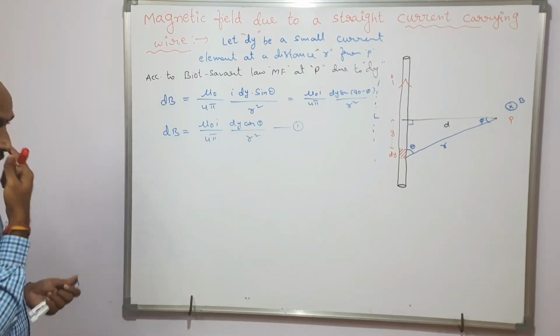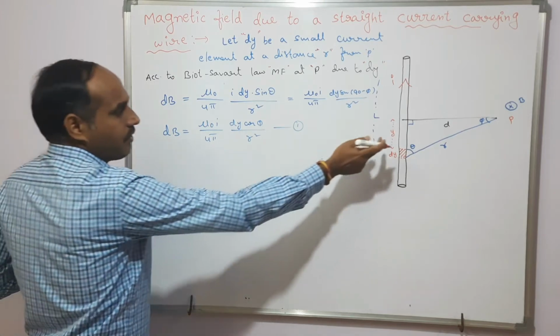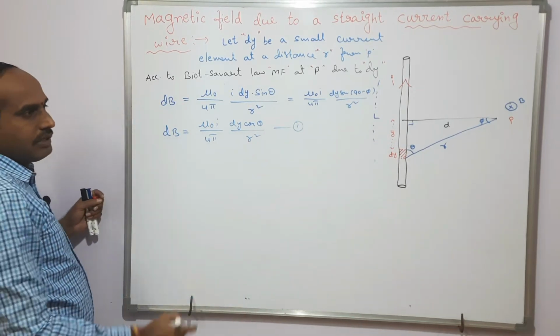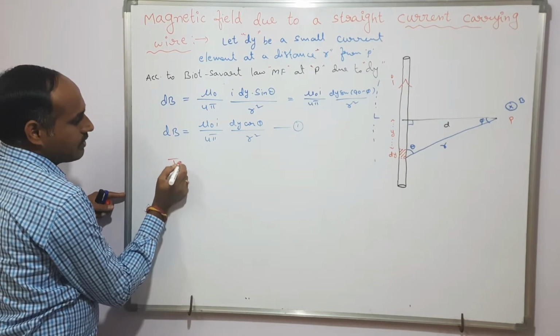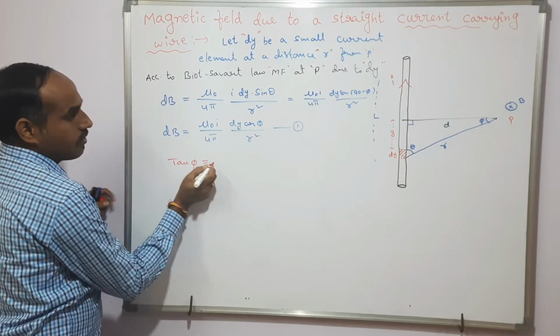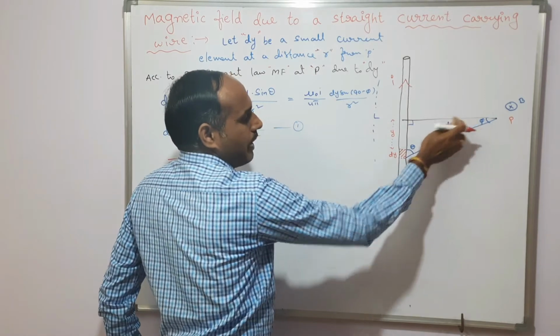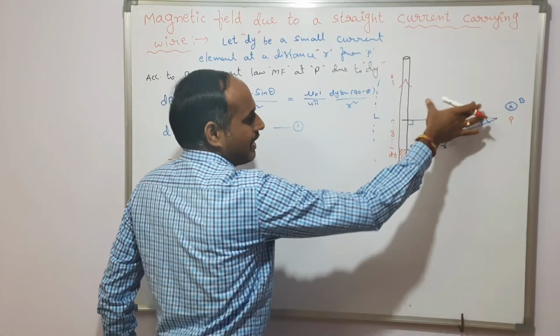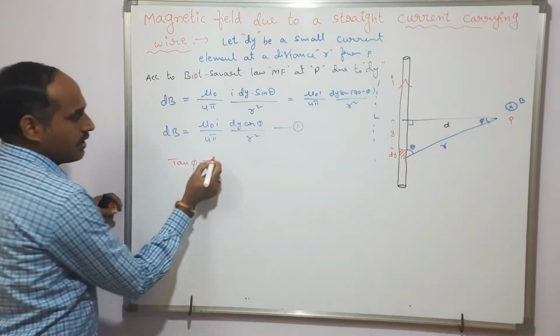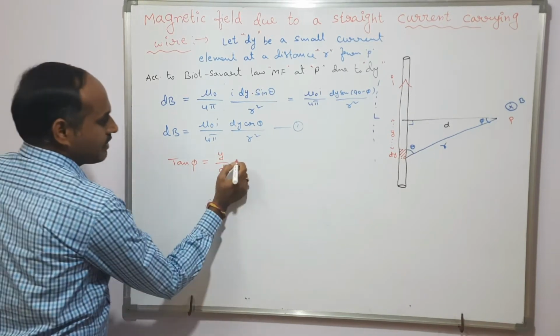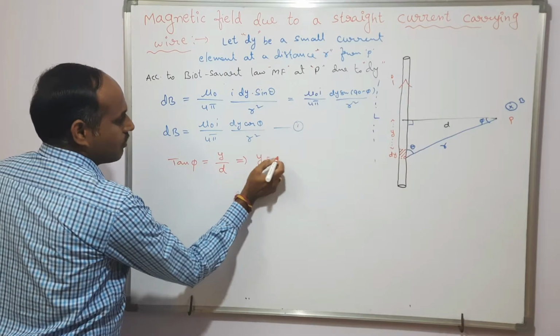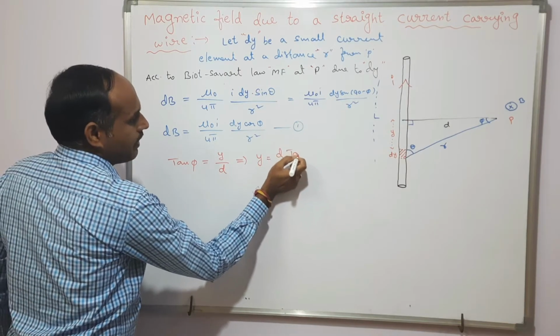Now from this figure, tan phi equals opposite side over adjacent side, that is y by d. This implies y equals d tan phi.